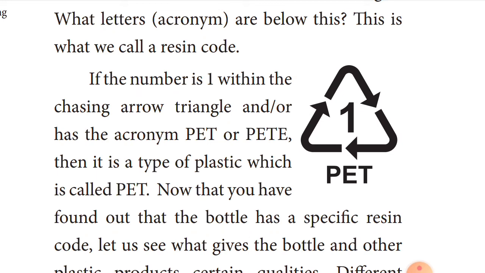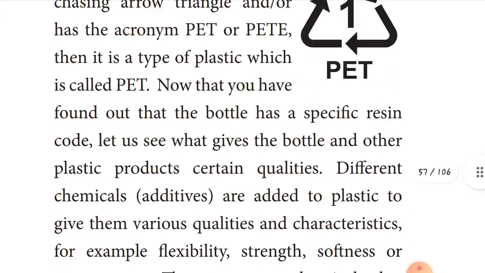For example, resin code 3, that is PVC, polyvinyl chloride, contains metals; we are using cadmium and lead. So that is very harmful, very dangerous to our health. Resin code 6 gives off toxic chemical gases that cause cancer also, children. Polystyrene.